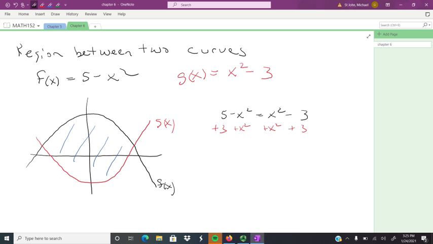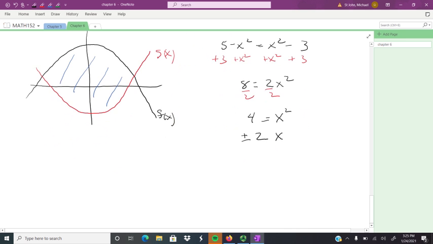And so we get 8 equals 2x squared. And then we can divide by 2. So x squared is equal to 4. So x is going to be plus or minus 2. So those are my endpoints.